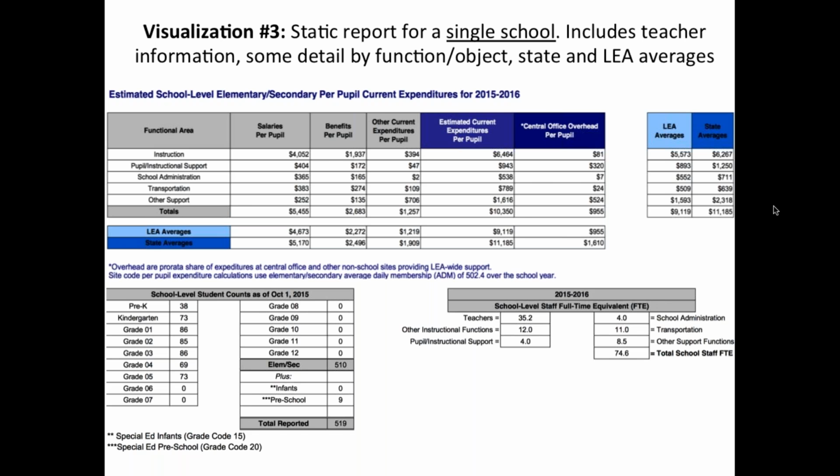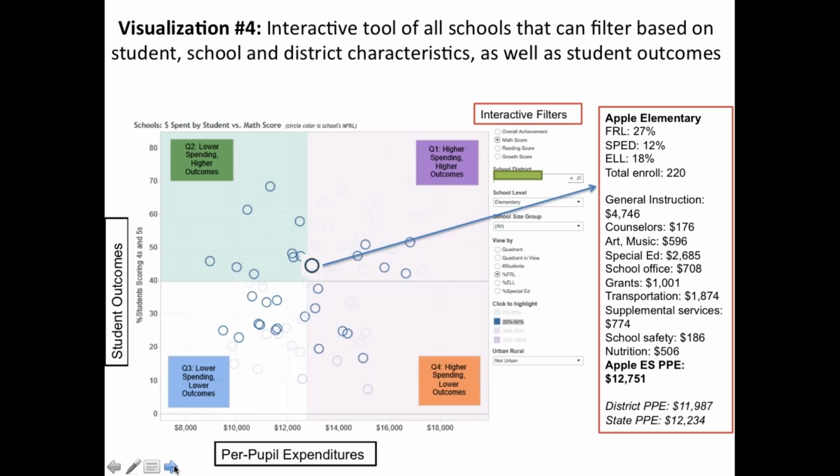We have one more, and some of you will remember this from previous activities that we've done, Visualization 4. It's not interactive on your paper or on the webinar, but there is an interactive tool with all the schools in the state, and you can limit your district, you can expand your district, and you can filter based on student, school, and district characteristics, as well as student outcomes.